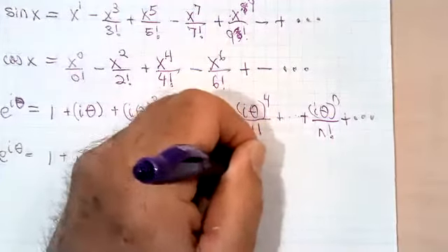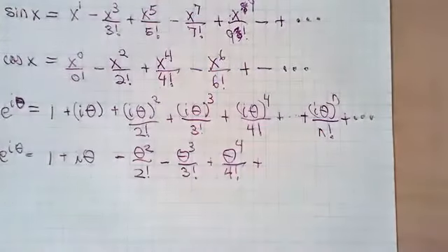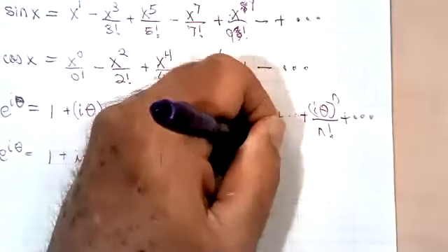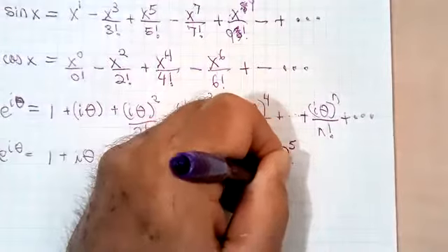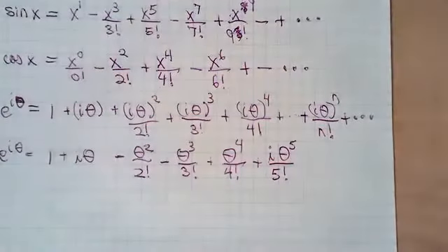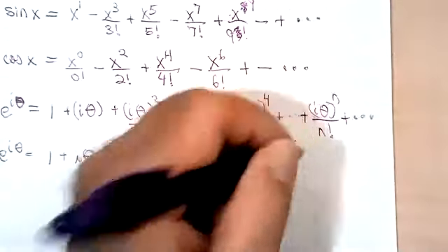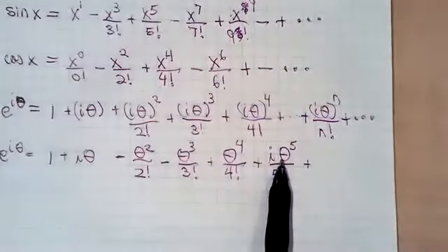The next one, well, it's going to be i theta to the 5th. All right. Well, i to the 5th, that's i to the 4th, or 1, times i. So just plain i, theta to the 5th over 5 factorial. And let me see, maybe I should do two more. All right. Well, what happens when I get to the 6th power?